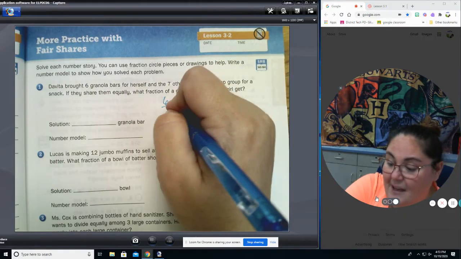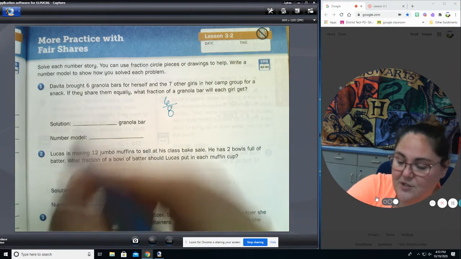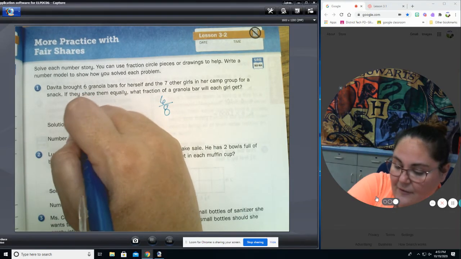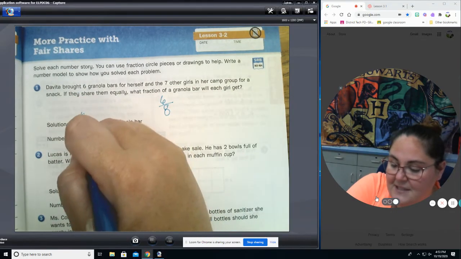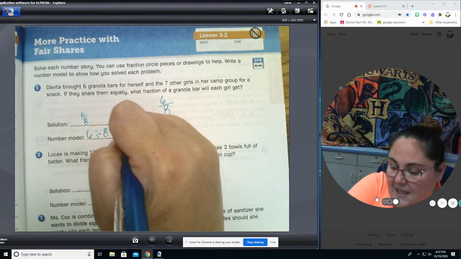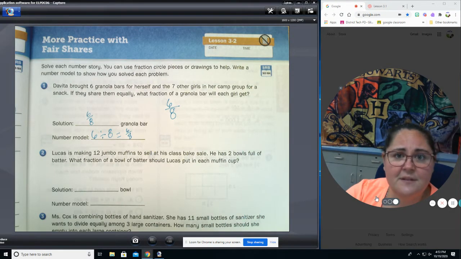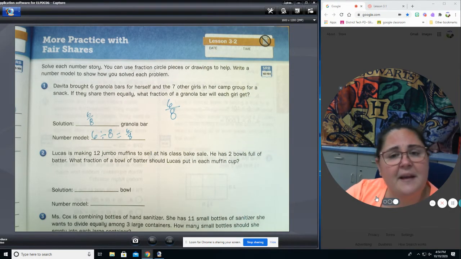So we're going to divide that by 8 people. So your solution is 6/8 of a granola bar. Your number model is 6 divided by 8 equals 6/8. Notice, I don't want you to put a decimal. You don't know how to divide it in order to make a decimal yet.